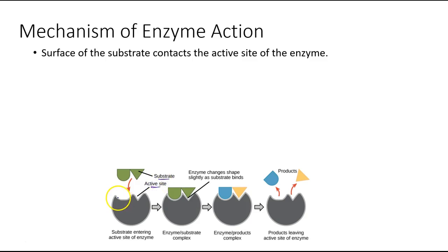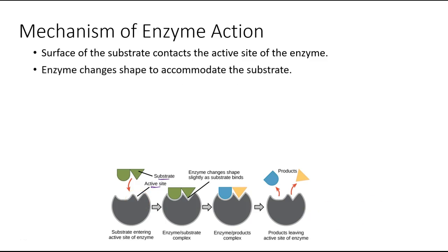Now you will notice that this active site does not exactly match the shape of this substrate, but the substrate has to impact the surface of the enzyme in order for the enzyme-substrate complex to form. Once the enzyme's active site and substrate contact each other, the enzyme is going to actually change the shape of its active site to accommodate the shape of the substrate.